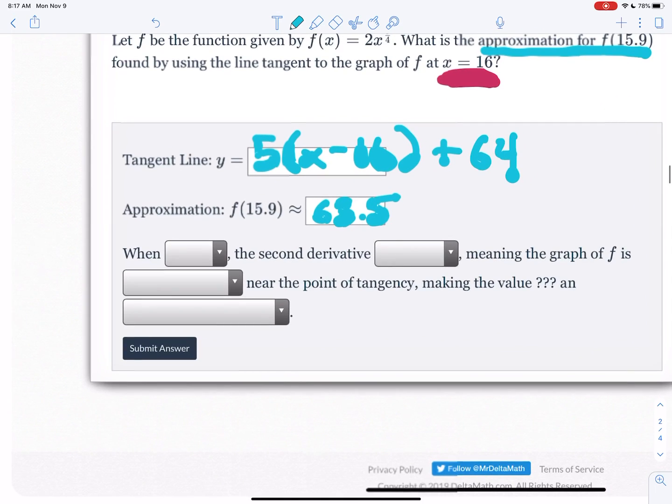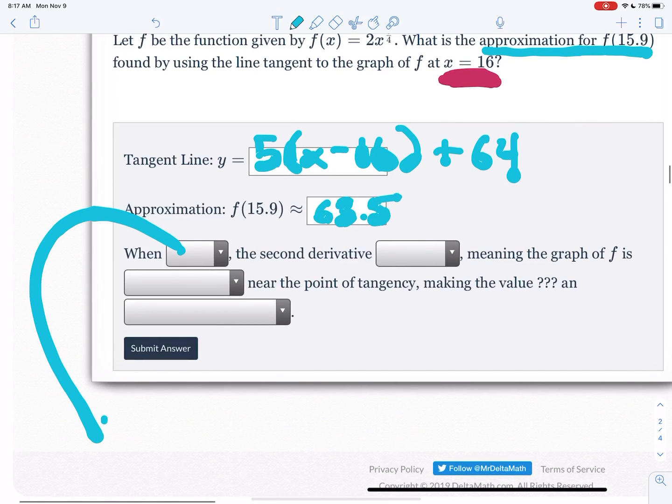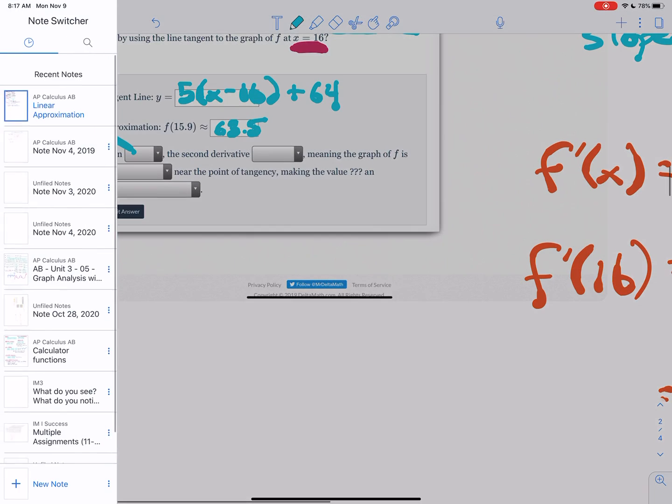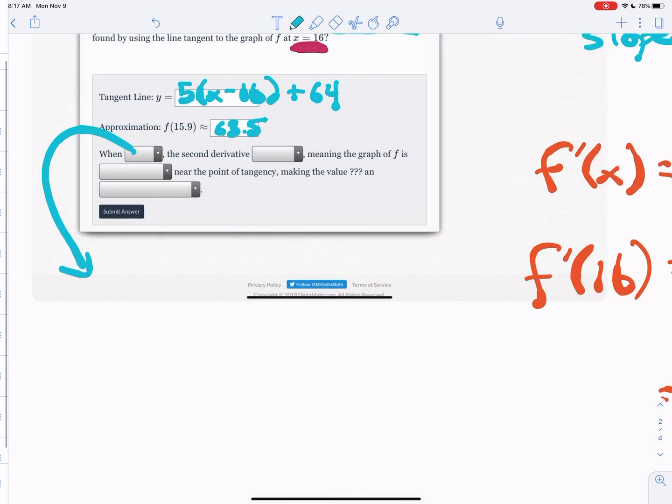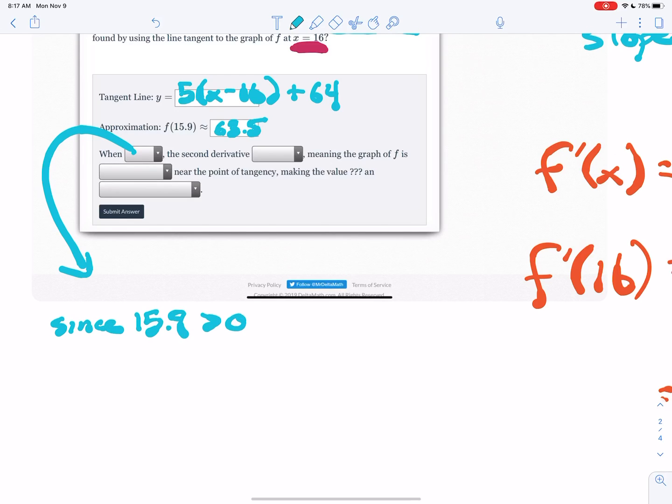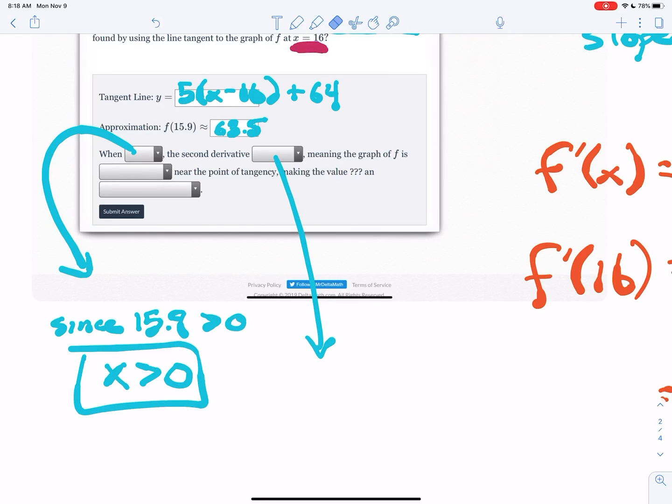So since 15.9 is a positive number, we're going to select when x is greater than 0. The second derivative came out what, right?